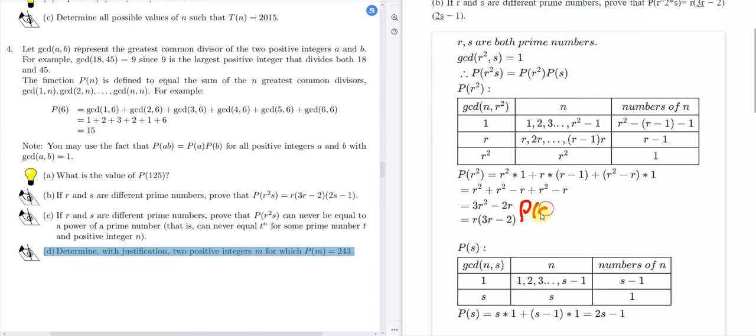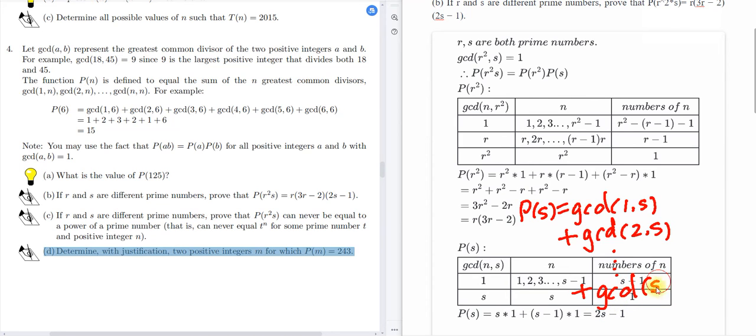Because P(S) equals GCD(1,S) plus GCD(2,S) plus ... plus GCD(S minus 1,S) plus GCD(S,S), which GCD(S,S) is S, and these are all equal to 1.